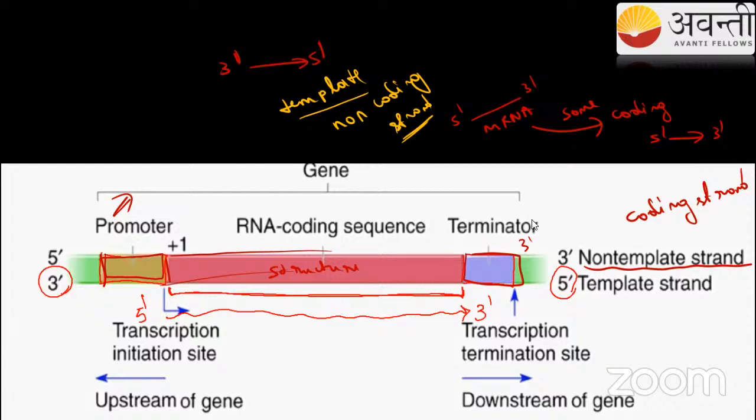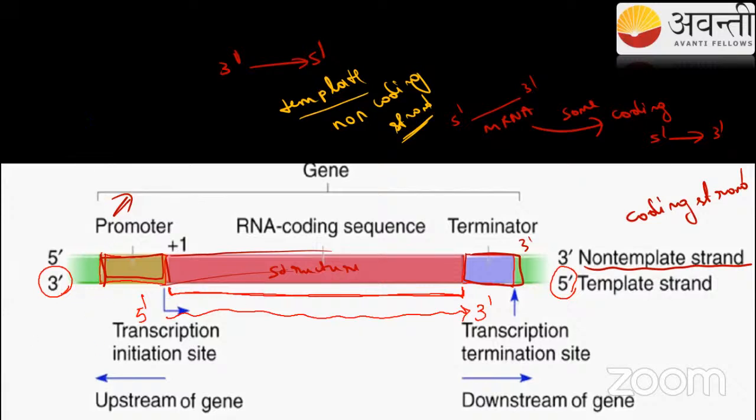Yes, fine. So the very important point here is this, guys. In the exam they may ask you what the template for RNA synthesis is, that is 3' to 5'. Whether it is coding or non-coding, obviously it is the non-coding strand. The coding strand should be the same as the mRNA. Remember. Okay, fine.